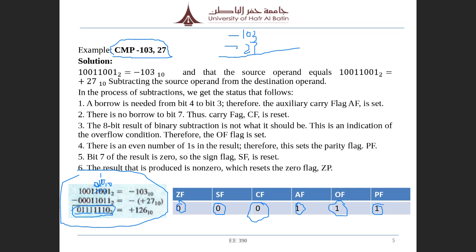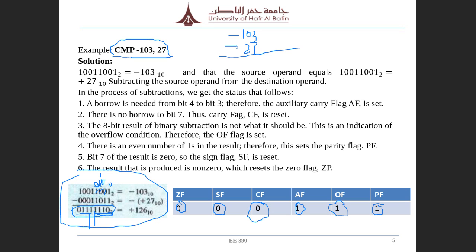Okay, and why I said what I said: a borrow is needed from bit 4 to bit 3, right? Lower nibble. So this one is bit 3, and this one is bit 4. So that means we need a borrow from bit 4 to bit 3, or from the higher nibble to the lower nibble.